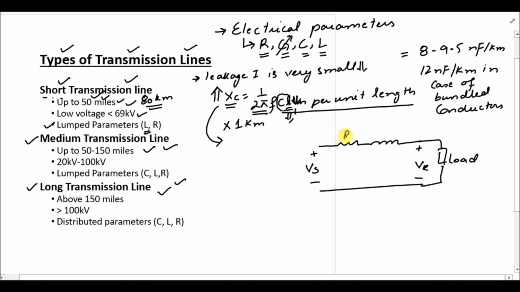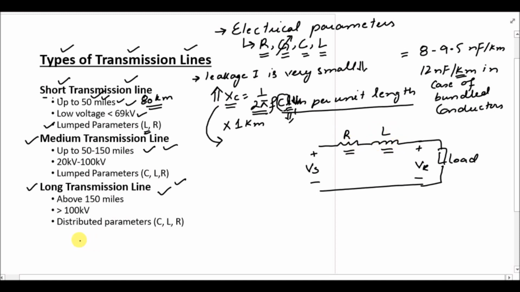This is the resistance of the line, and this is the inductance of the line. We have resistance and inductance values in per kilometer length, so we can represent the inductance and resistance of the whole transmission line with only one resistor and one inductor. This is known as lumped parameters.